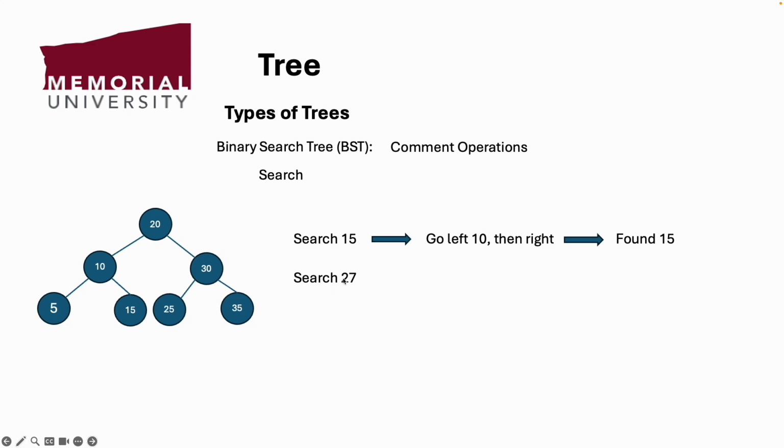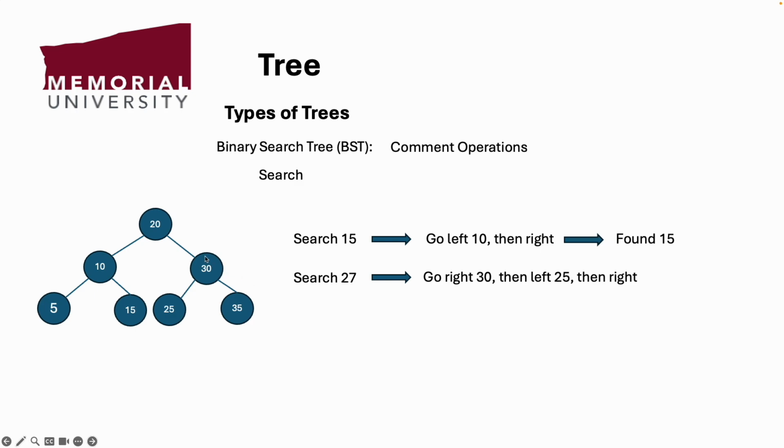If we search for 27, we want to check whether 27 is in this binary search tree or not. We compare 27 with the root node 20. 27 is greater than 20, so we go to the right.